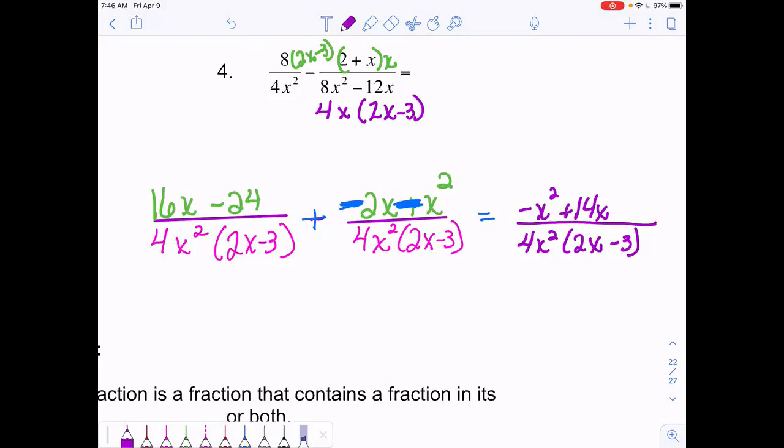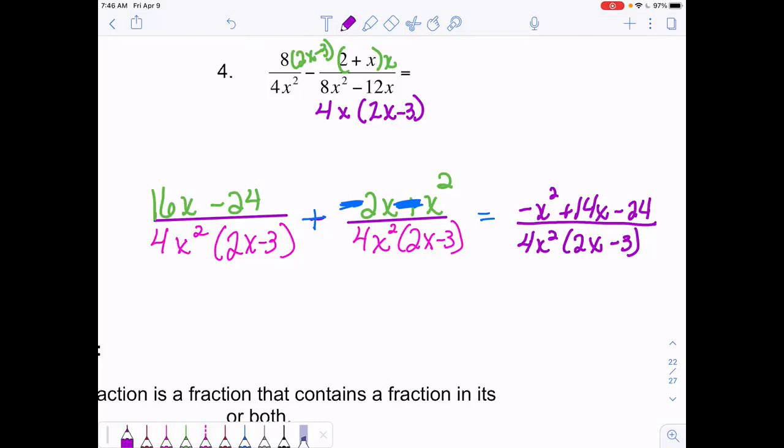So, okay, if you look up here. So there's a negative x squared and then a negative 14x and then just the negative 24. Just see what you're multiplying by, what is it missing?